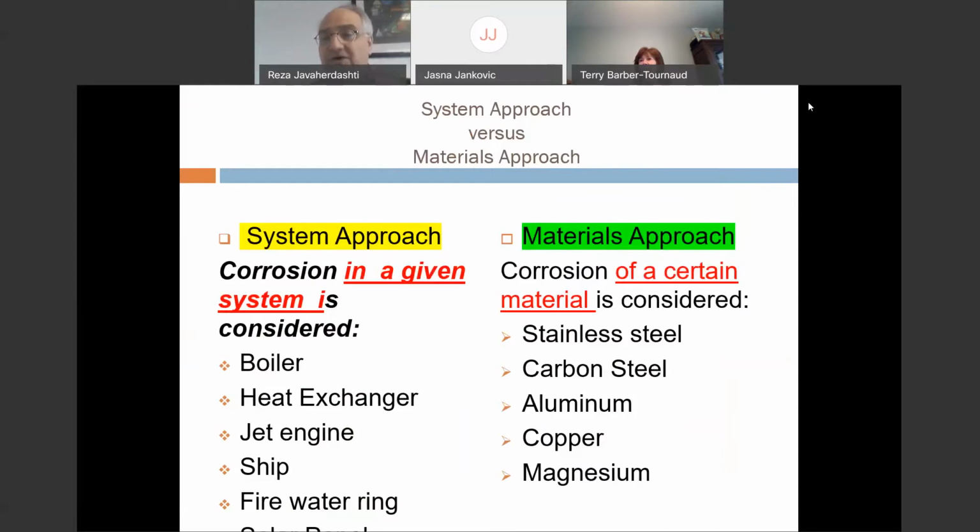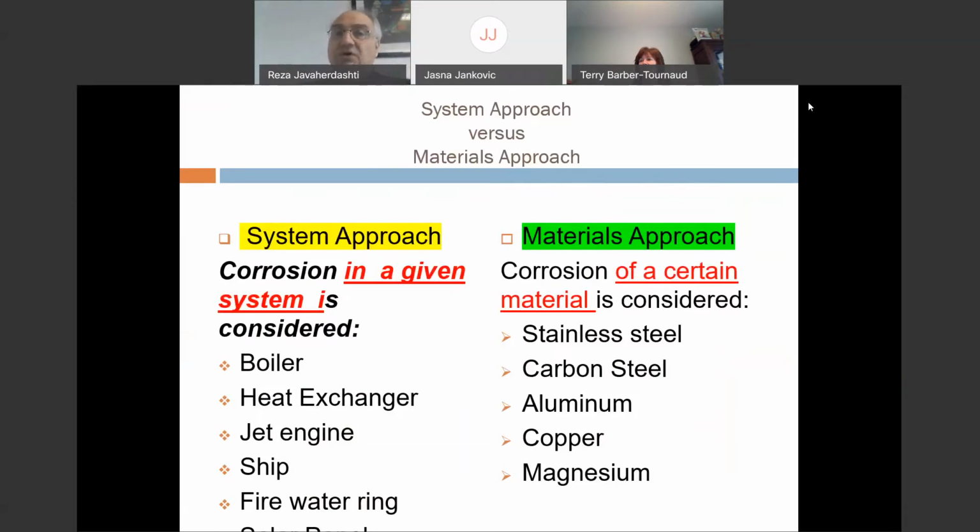The materials approach, however, is looking at the material itself. As I just mentioned, as a materials scientist, when you try to highlight the conditions in which a certain material corrodes, it really doesn't matter if the industry is a power plant, a refinery, based in, I don't know, the US or in the UK, doesn't matter.